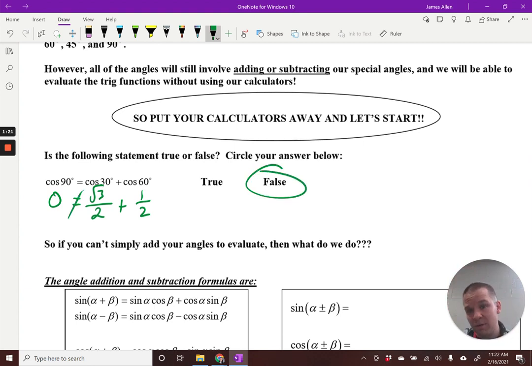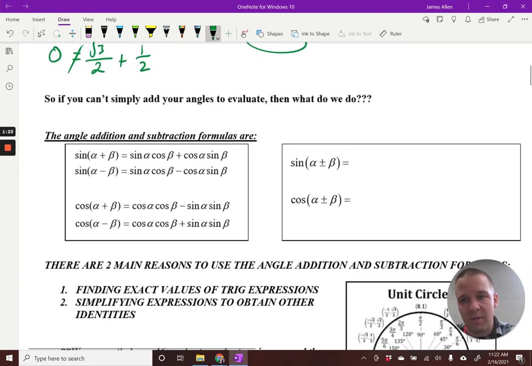So what do we do then? Let's take a look down here. The angle addition and subtraction formulas are as follows. For sine of alpha plus beta, I would have sine of alpha, cosine of beta, plus cosine of alpha, sine of beta, and it switches to subtraction in the second one.